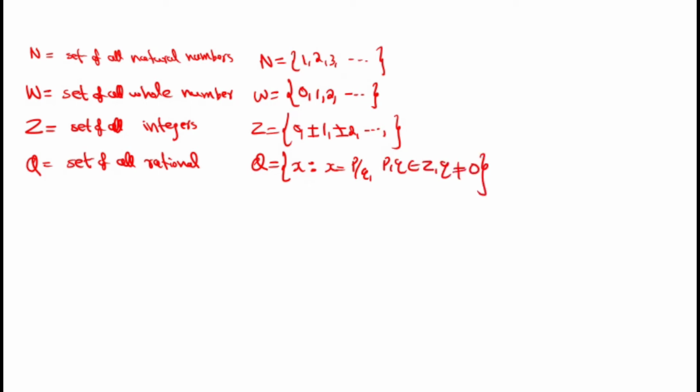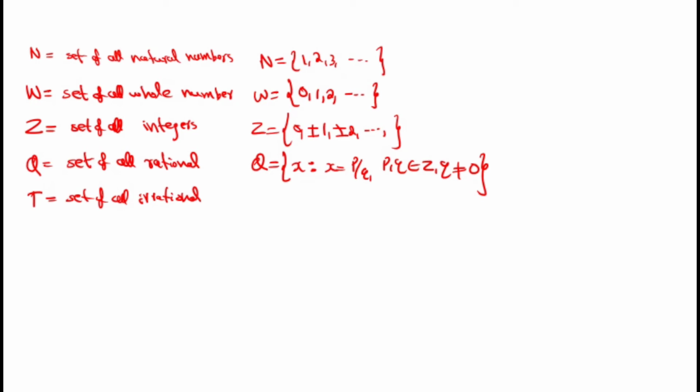It's the set builder representation of rational numbers. Any number in the form p by q, where p and q are integers and q is not equal to 0, we call it a set of rationals. Then the set Q' is there, we call it the set of all irrationals.